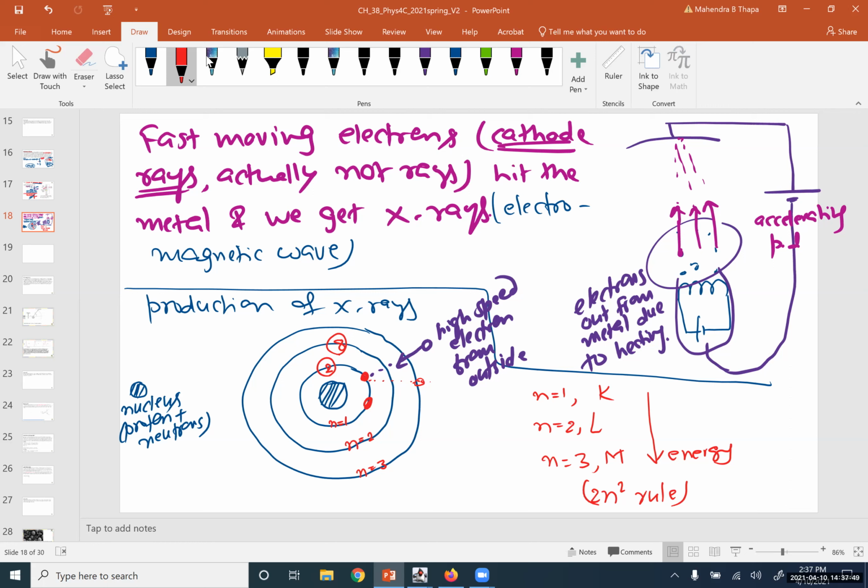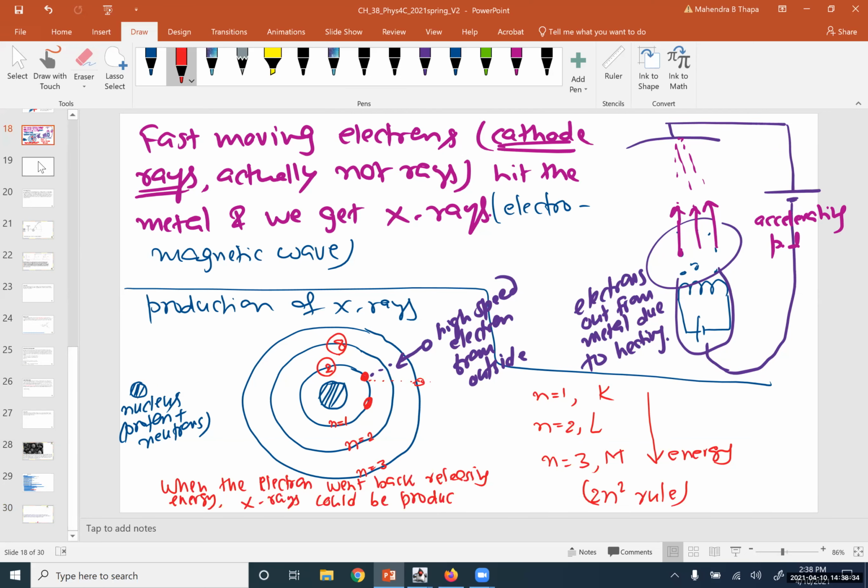So this high speed electron from outside hits this electron, the electron comes out, and when the electron went back releasing energy, then in this case, X-rays could be produced. Okay.